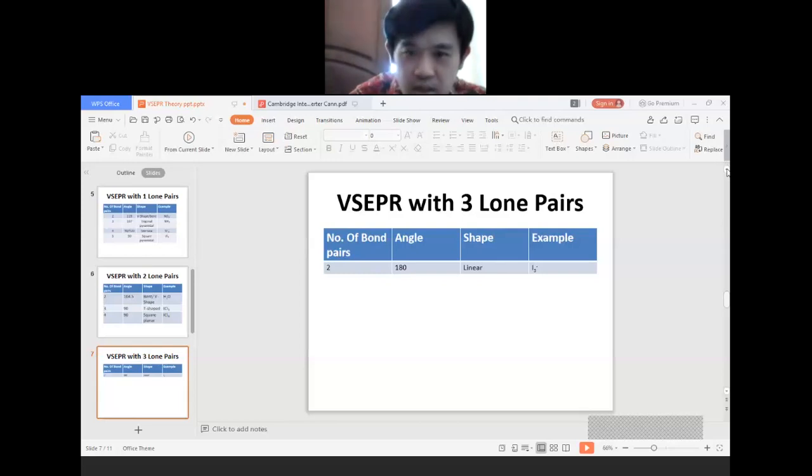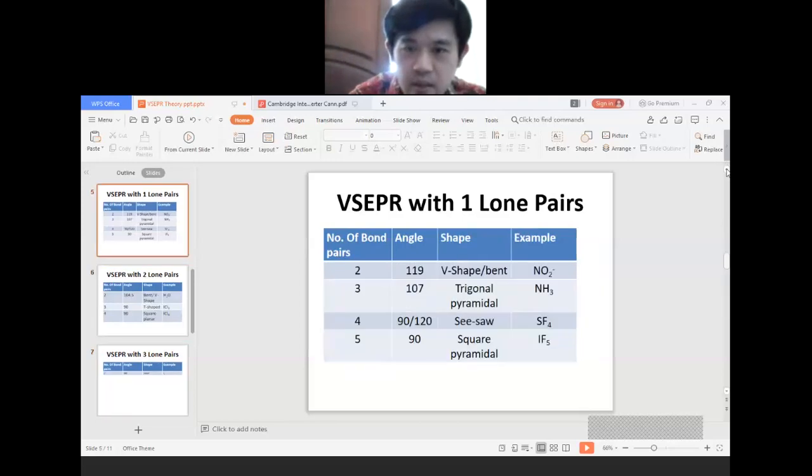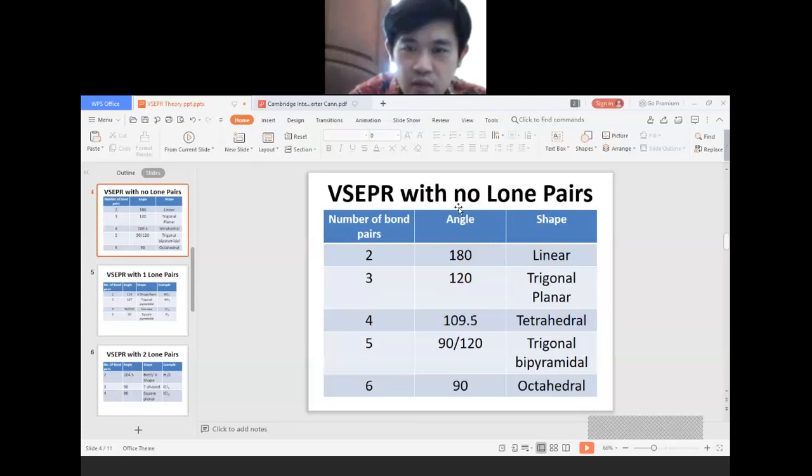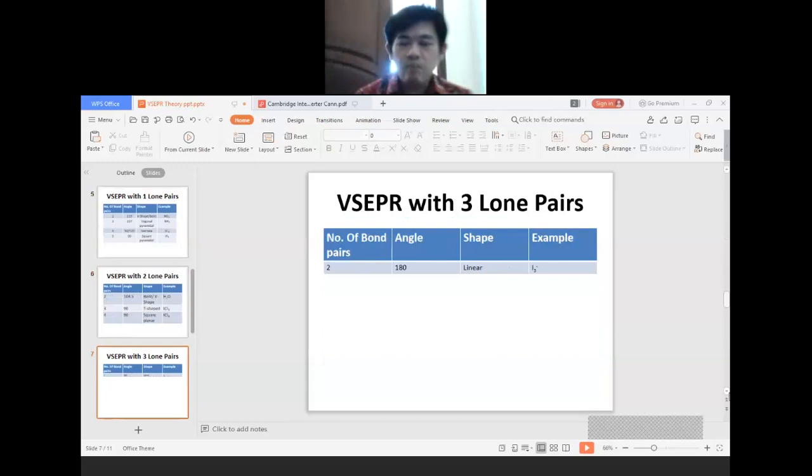It is 180. Linear 180 with no lone pair, and with three lone pairs, it will form linear also. But the polyatomic ion is different. It is I3 negative. Okay, so in order to tell this one, we have to draw the dot and cross diagrams.